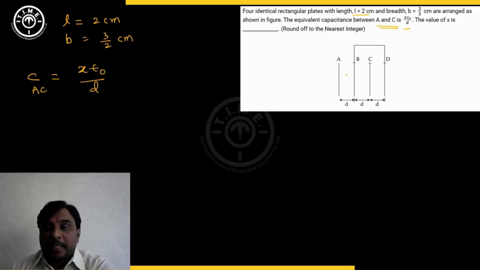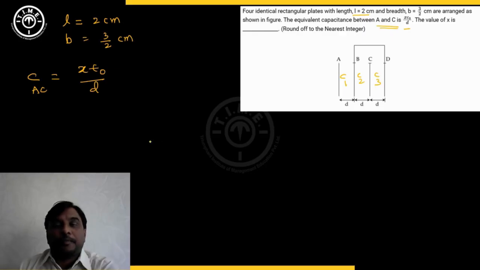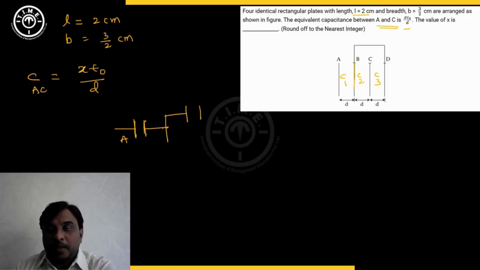Between A, C, I can say this is C1, C2, C3. Now between A and B, I think you can write this is C1, this is A, and this is B. Okay, now B is connected to C2. Now this B is part of C2. This is C. And B and D are maintained at the same potential.